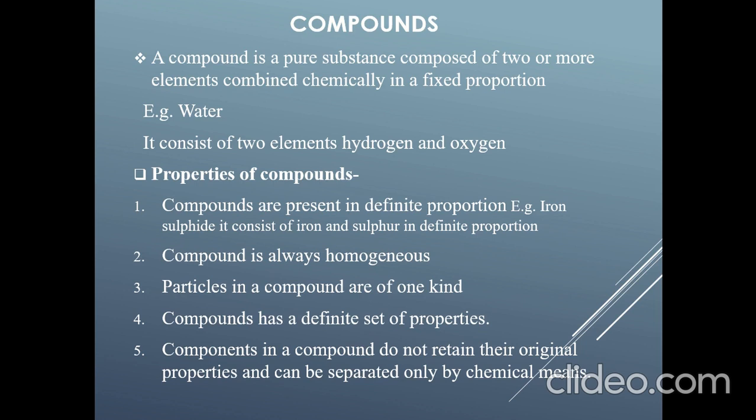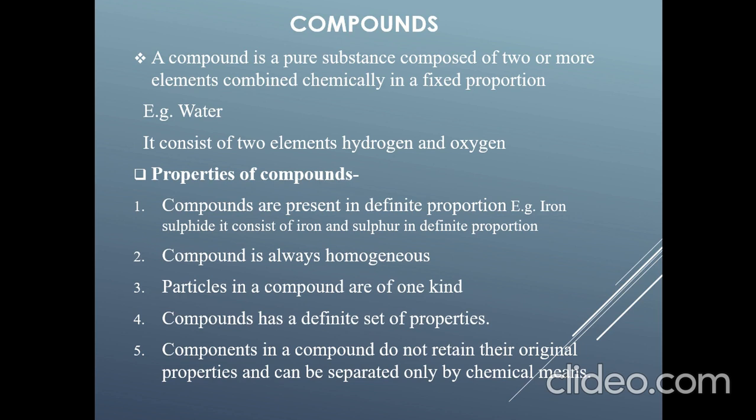Now, a compound has a definite set of properties. Components in a compound do not retain their original properties and they can be separated only by chemical means. For example, if we take iron sulfide, particles of iron sulfide are chemically combined.